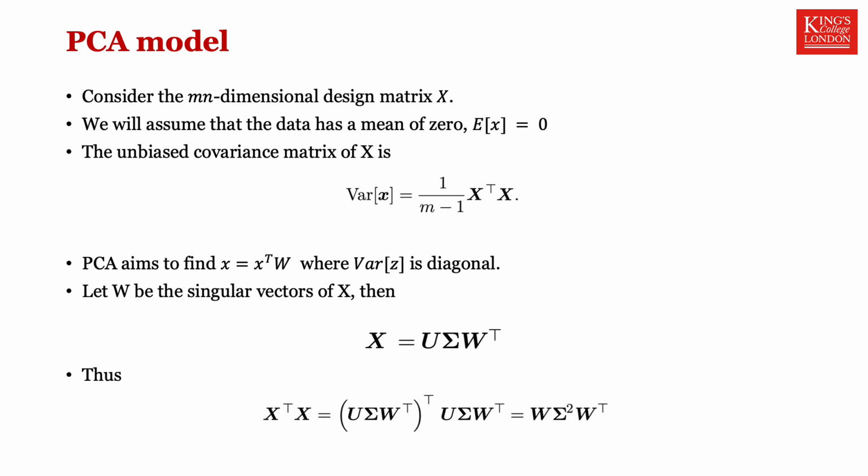So what you would like to do is to find this PCA solution, which is to find a z which is equal to x transpose w, where the variance here is a diagonal. So if w is the singular vectors of x, then the following is true. So you end up with this decomposition here. And with this decomposition, you can then show the x transpose x becomes the equation that you see below, which then gives you a solution to the PCA model.